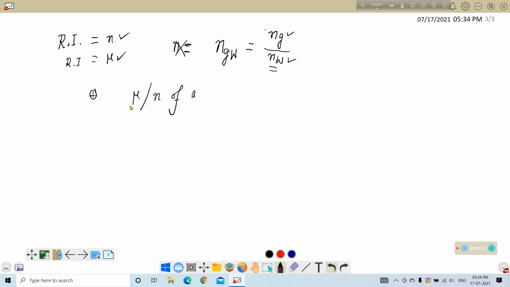But the absolute value of mu. So we are writing here a line: the absolute value of Ri, the refractive index of a medium.